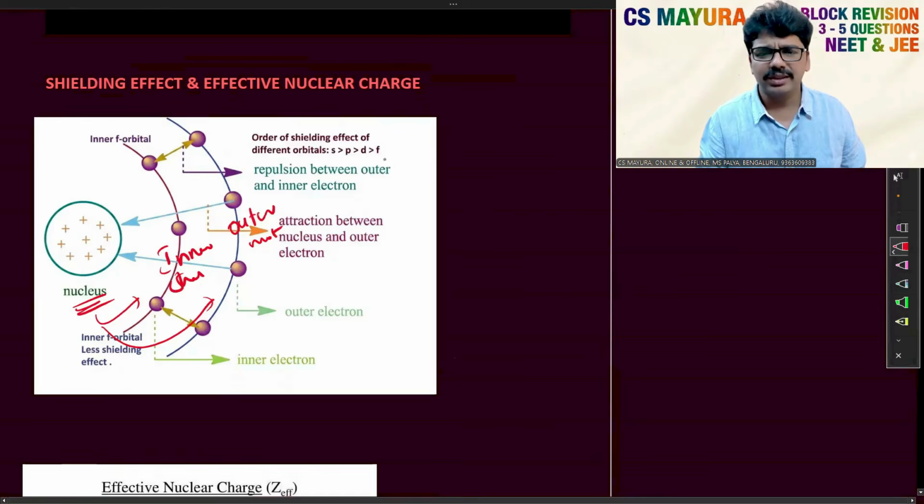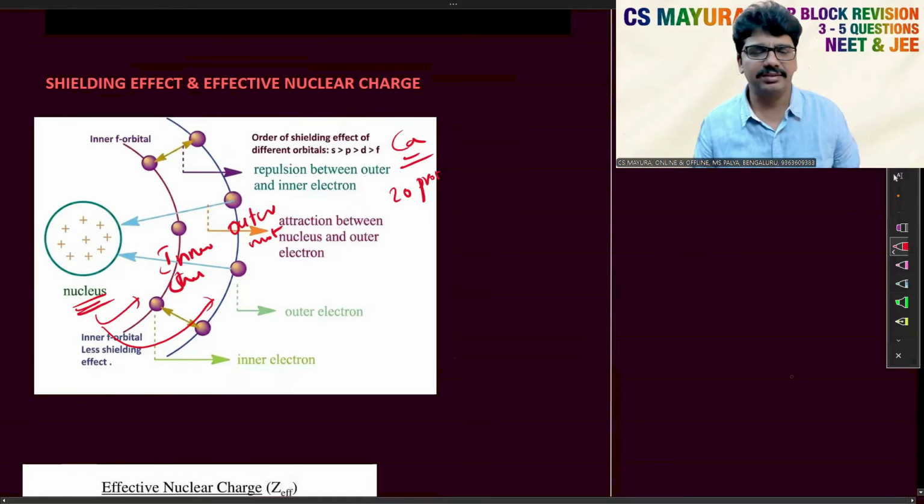For example, if this element is calcium, calcium has 20 protons, meaning 20 units of nuclear charge. So what we expect is 20 units of positive charge acting on each and every shell.